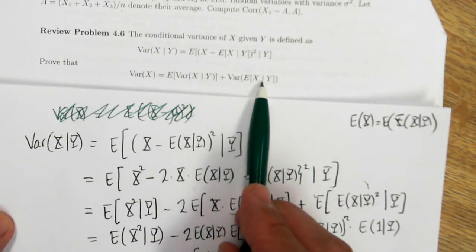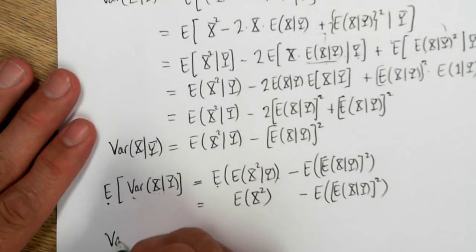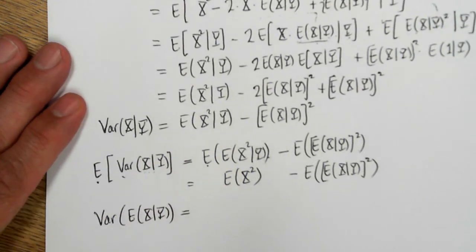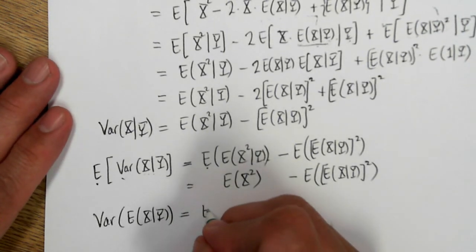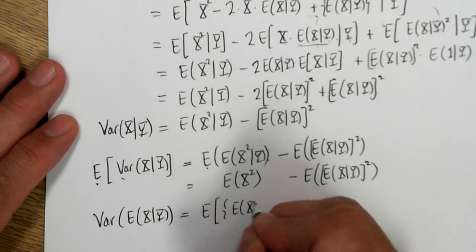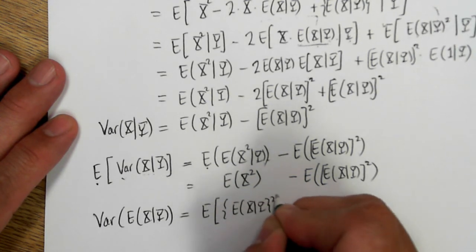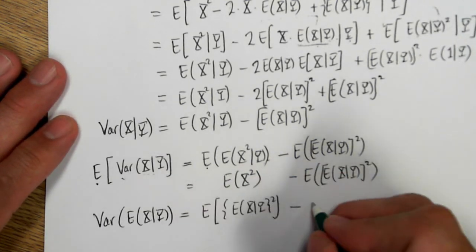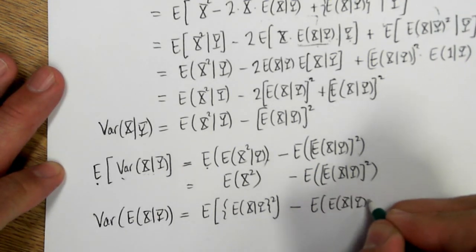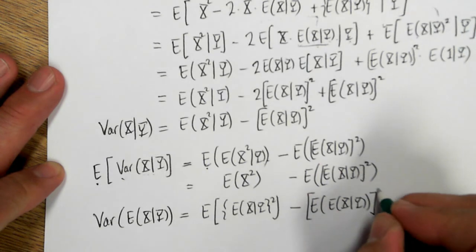Next, let's figure out the second part here, variance of expected value of X given Y. So reversing, variance of expected value of X given Y. By our rules, this is the expected value of the inside squared minus the expected value of the thing squared.